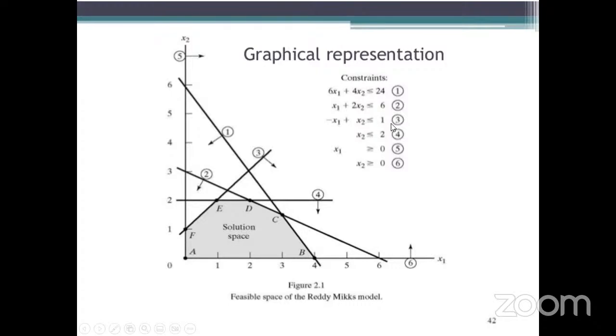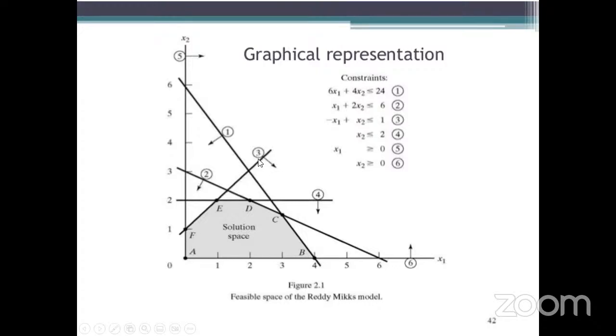Then the third equation: the x1 value is -1 and the x2 value is +1. So with +1 and -1, the line will be like this. The area on the negative side is reflected only in the positive area.